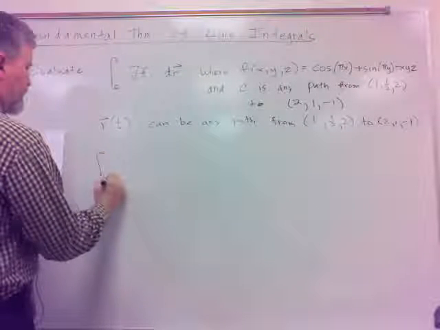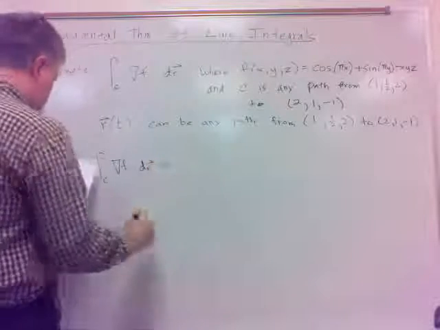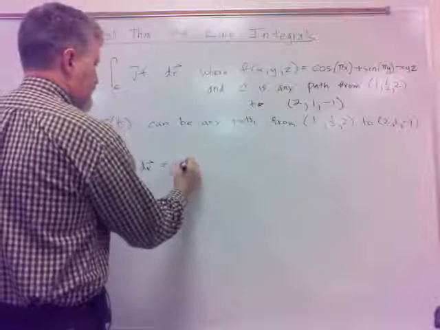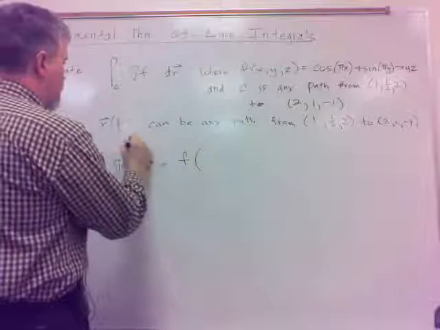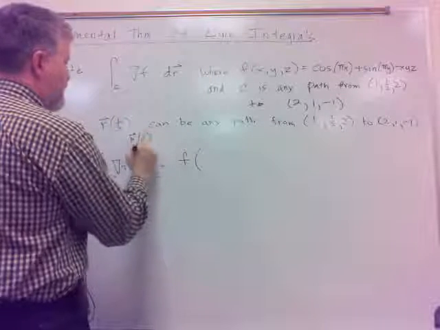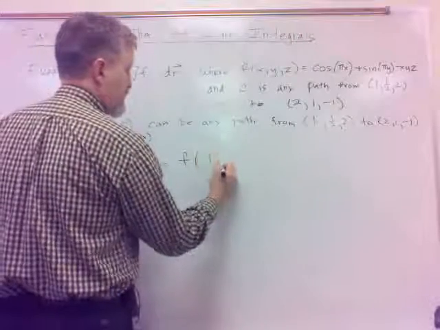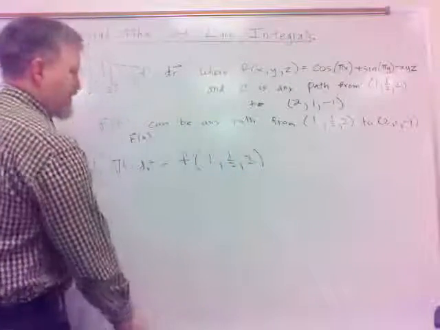So our integral over C of gradient of f dot dr is the function value evaluated at r of b minus r of a. Sorry, it's f of r of b minus f of r of a.